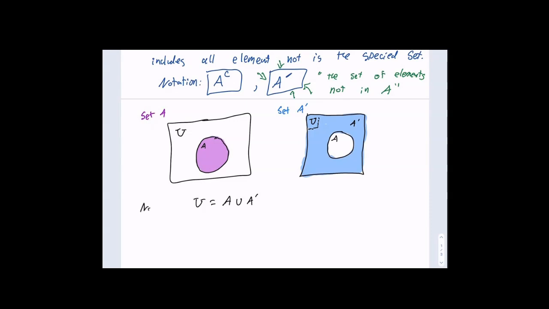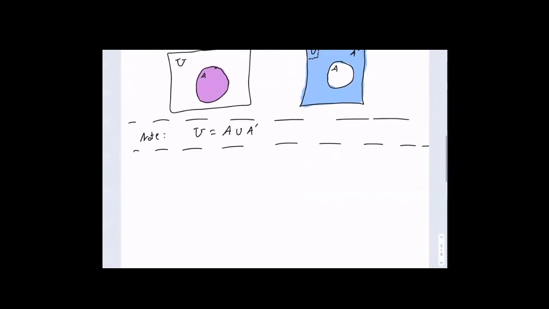This is always true: the union of the two sets would be everything that you're interested in for that problem. So the universal set is the set that includes the set itself and the complement.